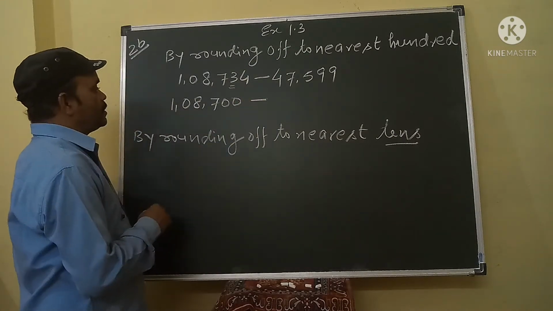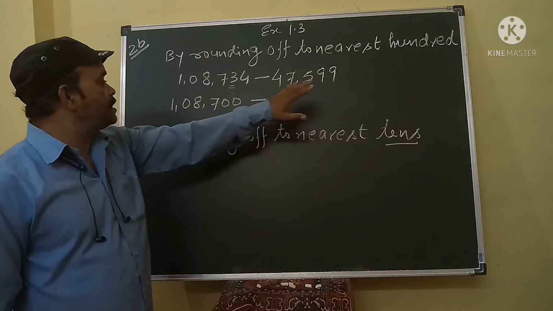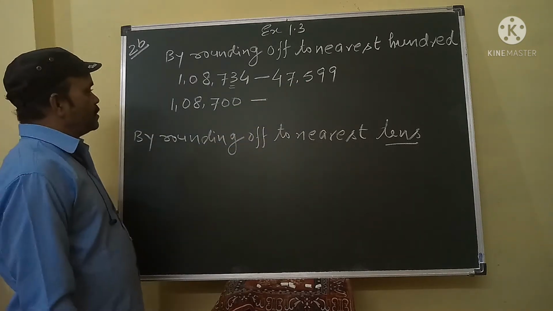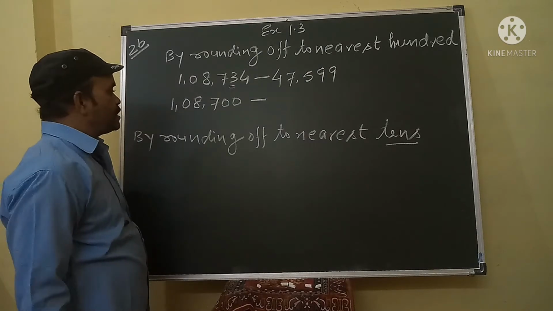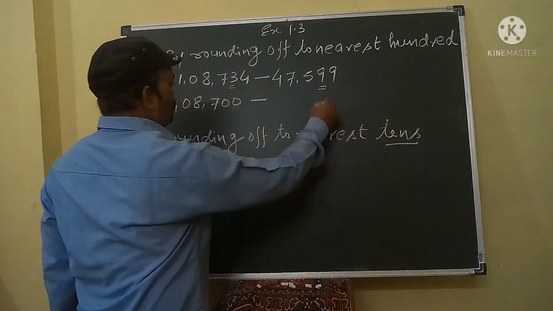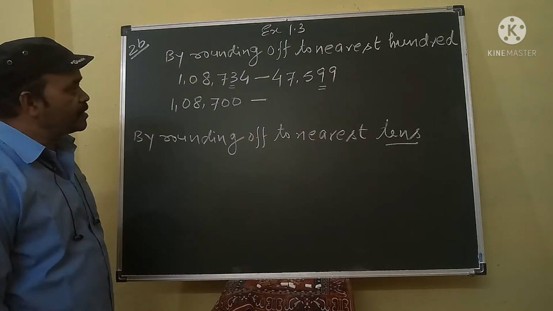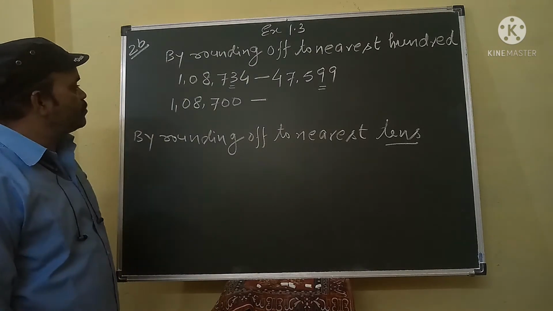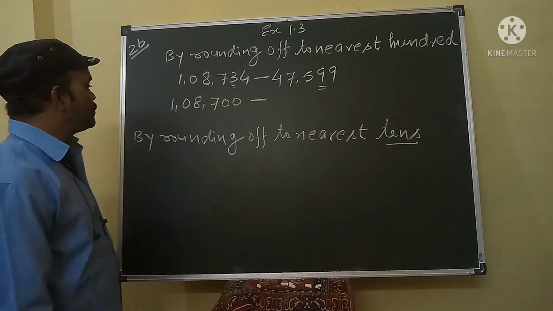Minus, we will find the rounding off of 47,599. To the nearest 100, we find the tens place value. The tens place value is 9, and 9 is more than 5.